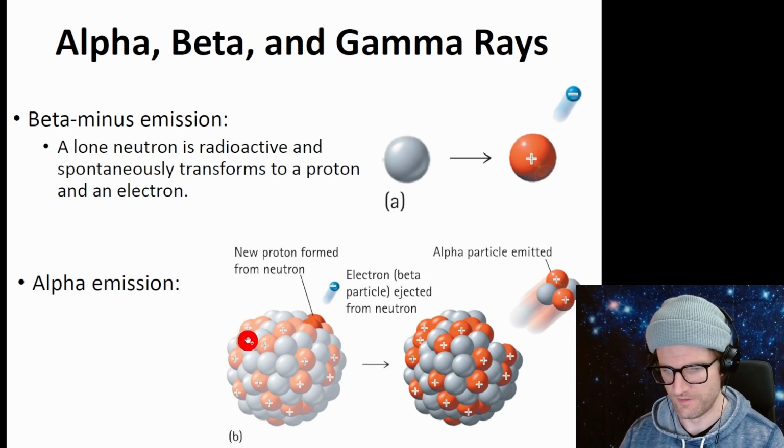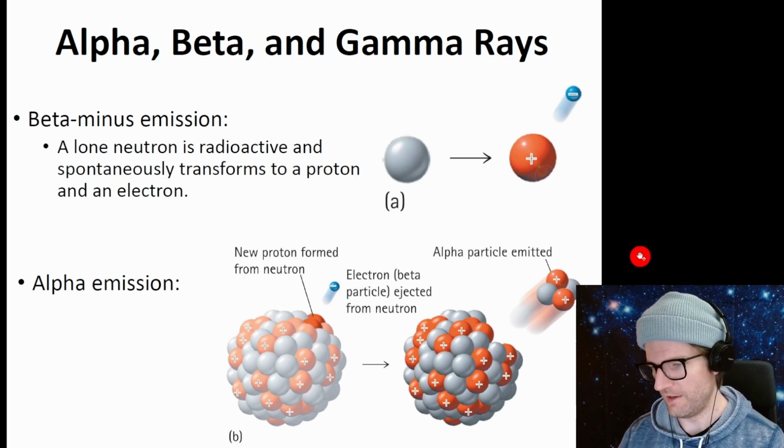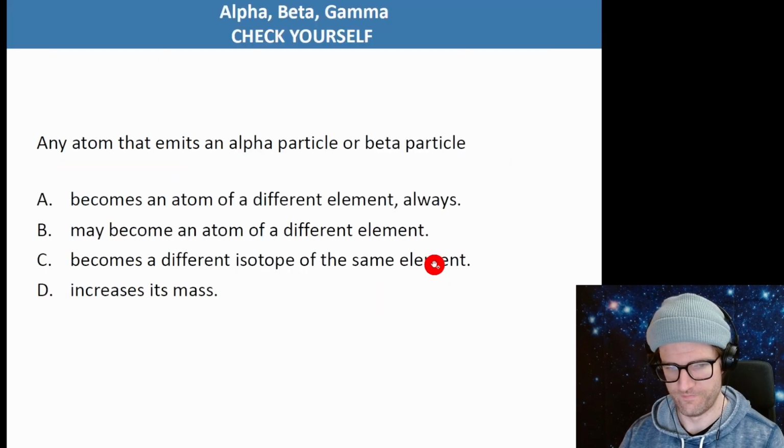Alpha emission: a new proton is formed from a neutron, the electron beta particle is ejected from the neutron, and an alpha particle is emitted. So the electron is emitted, and then a proton is formed, which then spontaneously this new element emits a helium nucleus, which is two protons and two neutrons ejected.